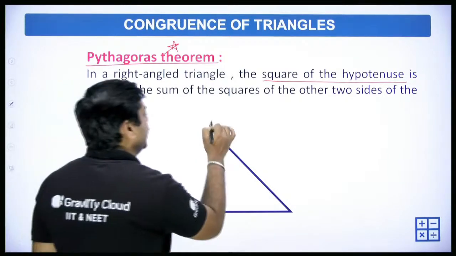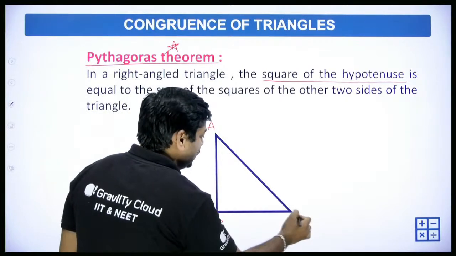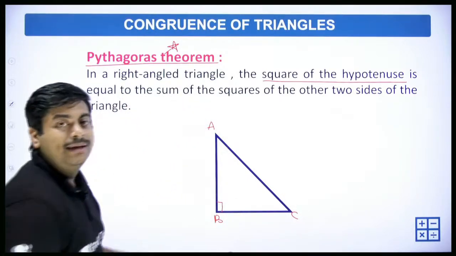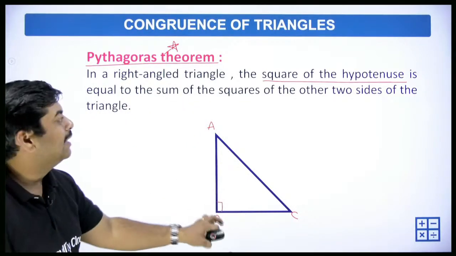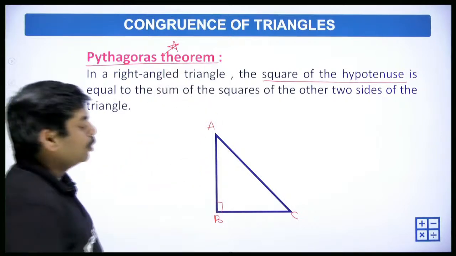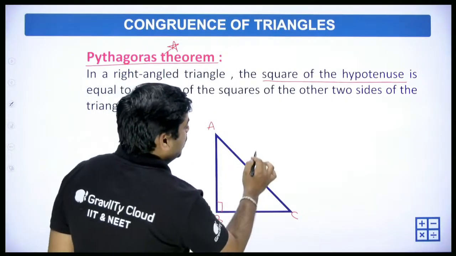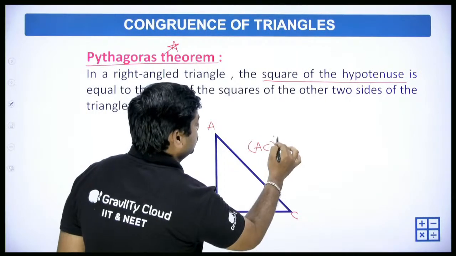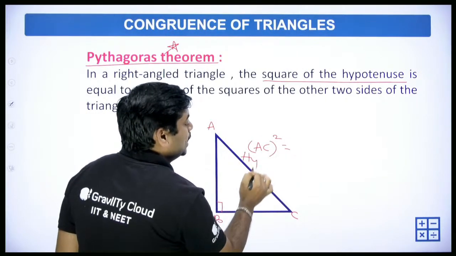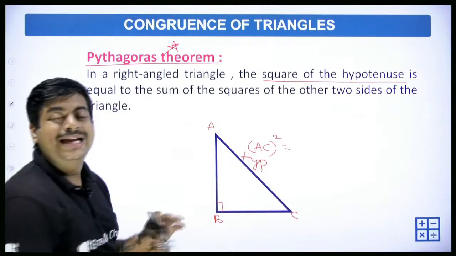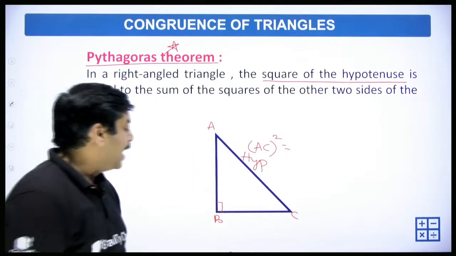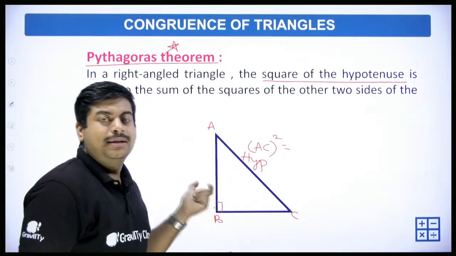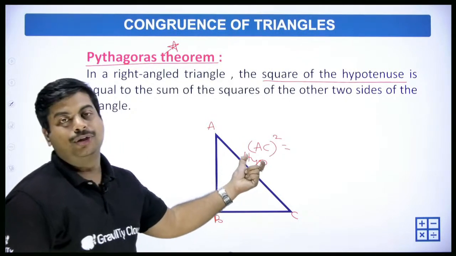For example, I have ABC as a right angle triangle, right angled at B. The square of the hypotenuse, AC square. Square of the hypotenuse, this is the hypotenuse. Always in a right angle triangle, the longest side, or the side opposite to the right angle, that is the hypotenuse.